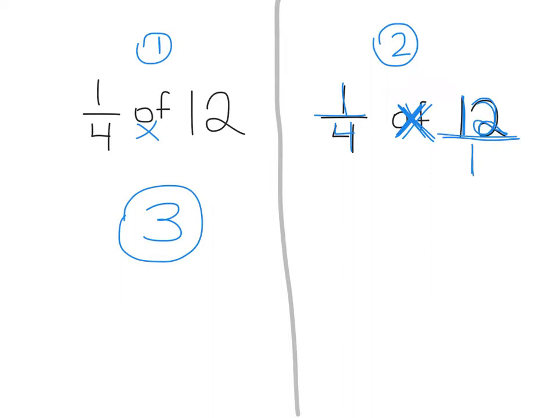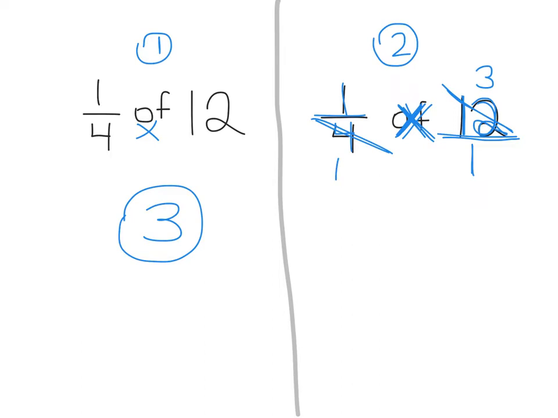And before we do that, let's see if there's any opportunities for us to simplify. And I'm looking here, and there's one numerator and one denominator that can both be divided by 4. So 12 divided by 4 is 3, and 4 divided by 4 is 1.